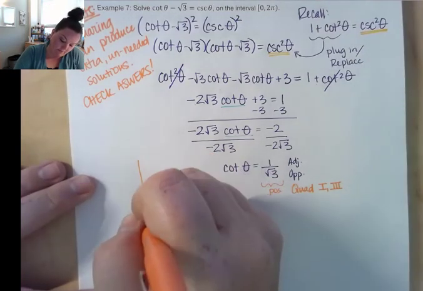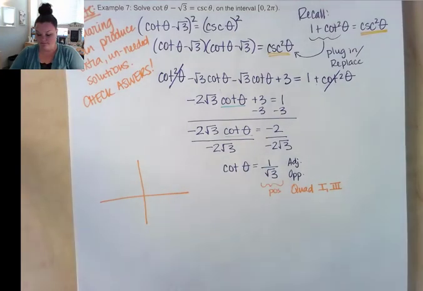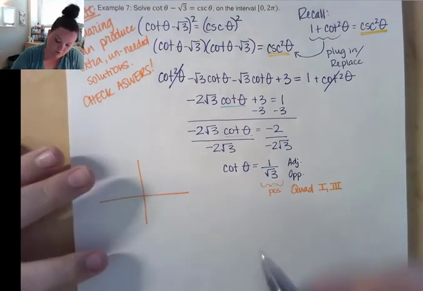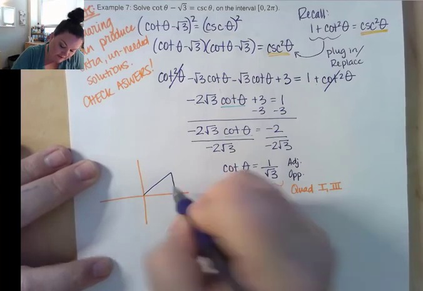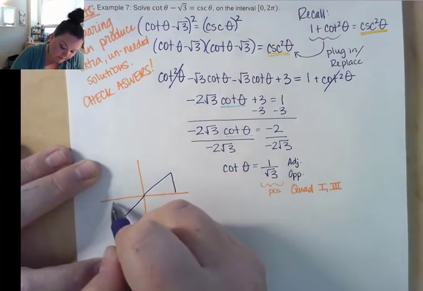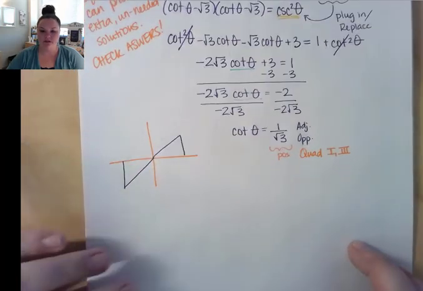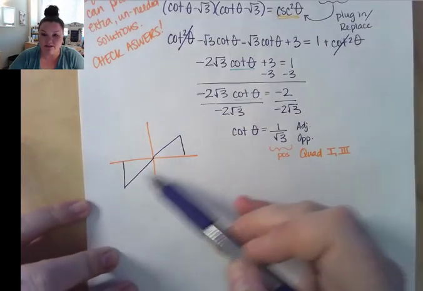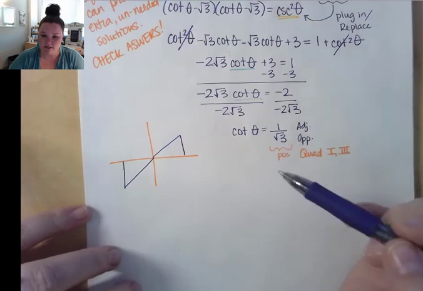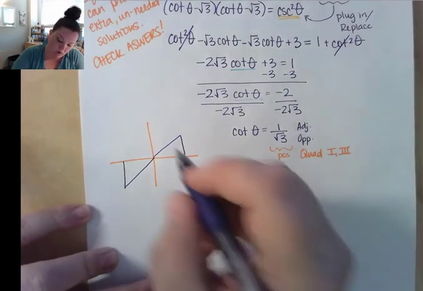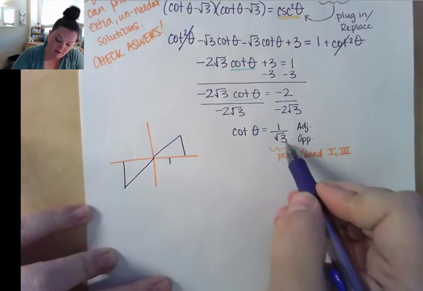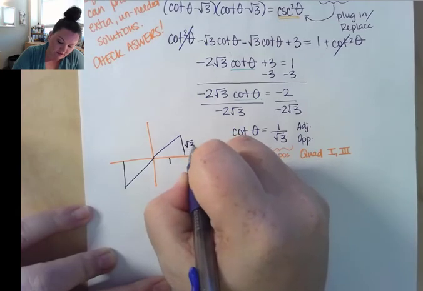I'm going to go ahead and draw my quadrants over here. So quadrant 1 means we have this angle, right? Okay, so I'm going to go ahead and label my triangle so I can figure out what my angle is. My adjacent side is 1 and my opposite side is square root of 3, right?